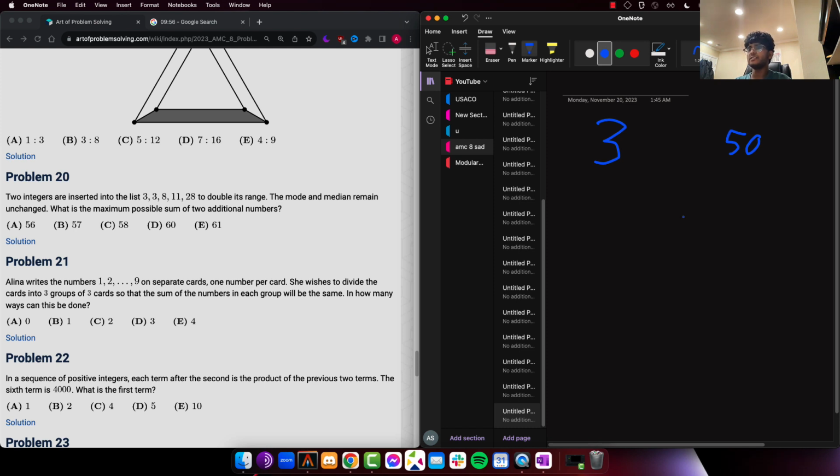So you have to add something to the top, and you have to add something to the bottom. So you have to make this a 2, and you have to make this a what makes that, okay, 52. Wait.